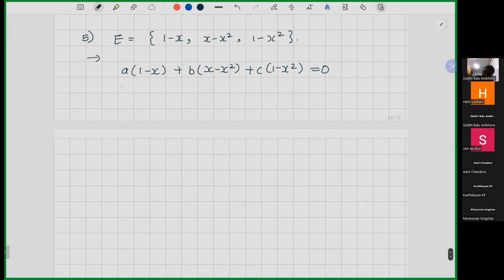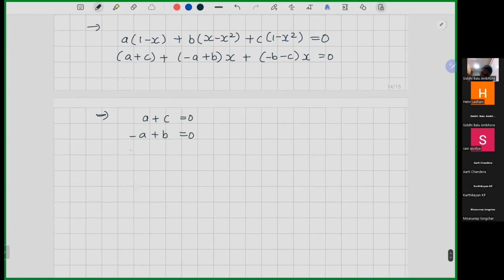So let us collect all the coefficients: a plus c, minus a plus b, minus b minus c, and set them equal to 0. What this gives me is a plus c is equal to 0, minus a plus b is equal to 0, and minus b minus c is equal to 0.